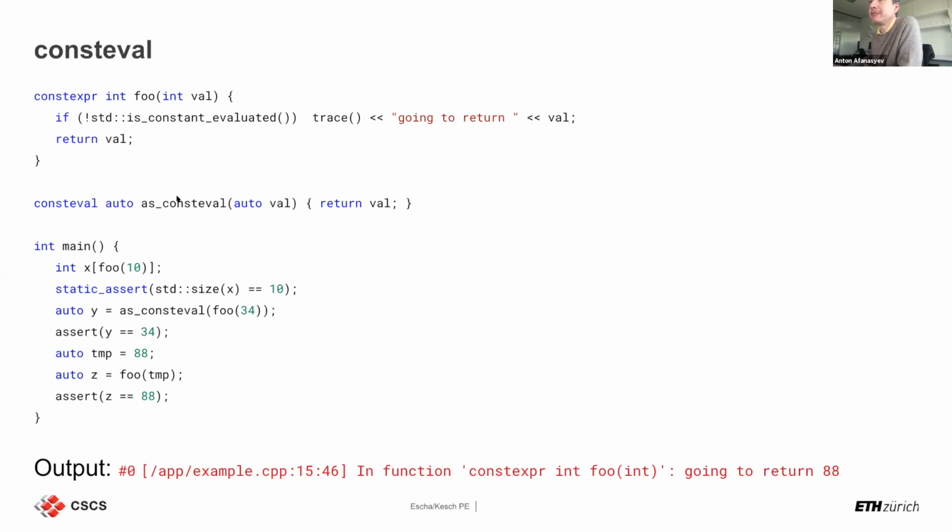Let's define a helper. I'm calling it consteval, and this helper just returns its argument and has the consteval specifier.